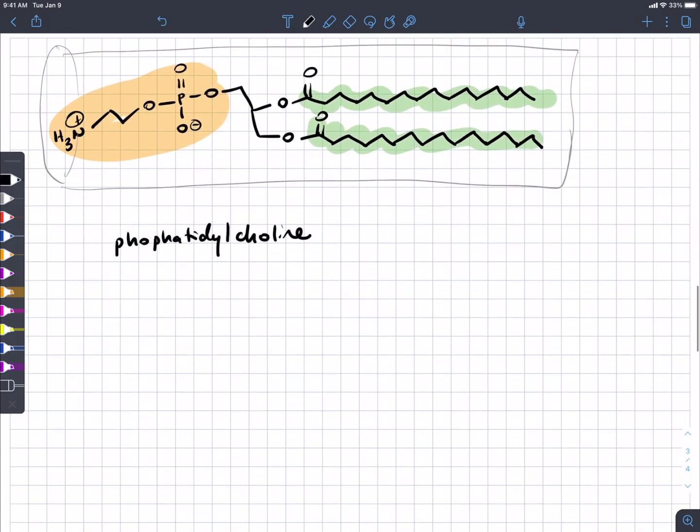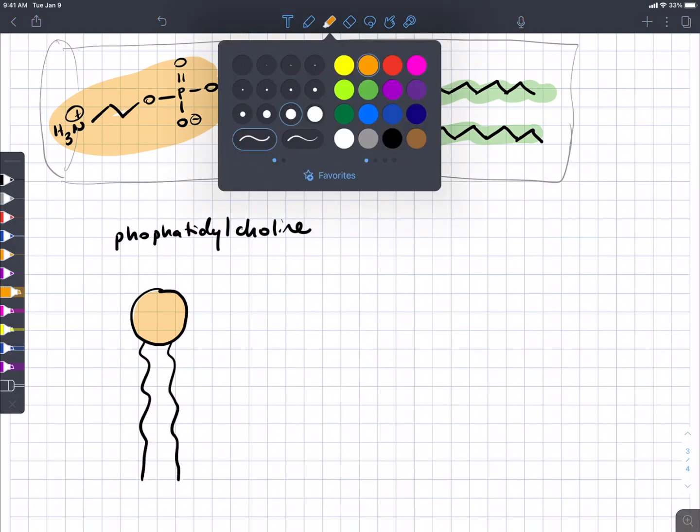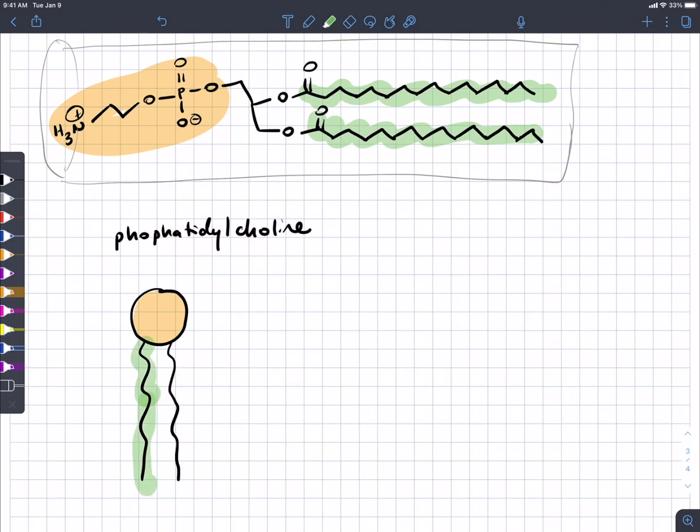And what that means is instead of assembling in a sphere, and this is maybe how you have seen these lipids portrayed in other texts, you sort of have a polar head group with two nonpolar tails. And each of those has a sort of cylindrical shape.